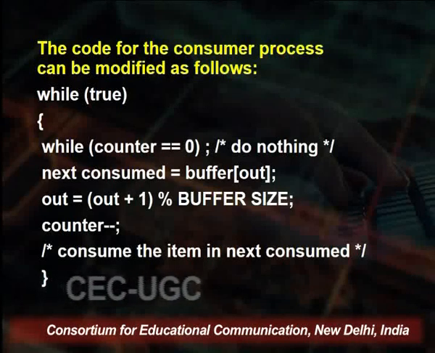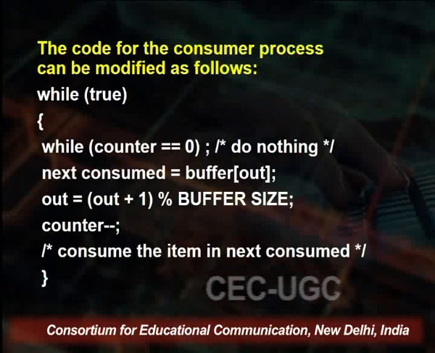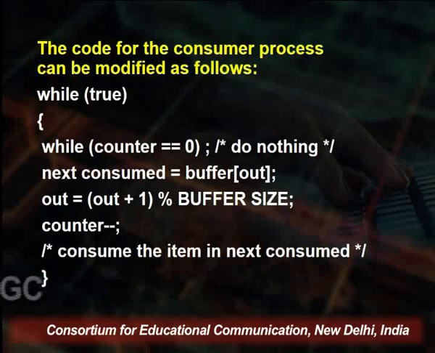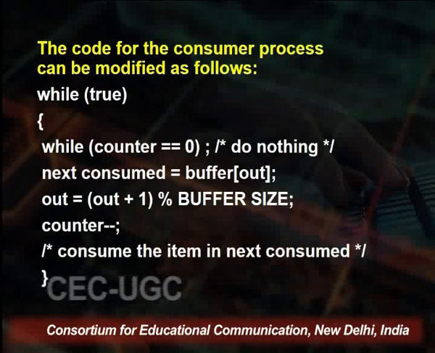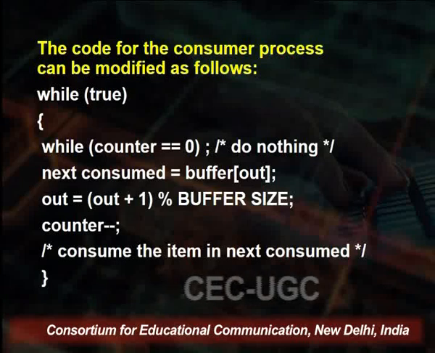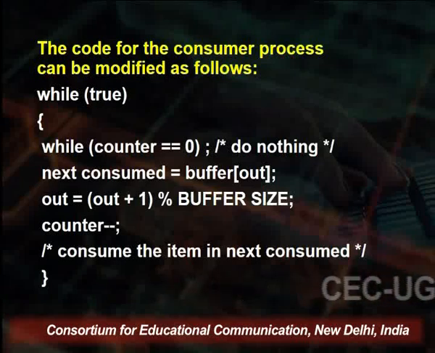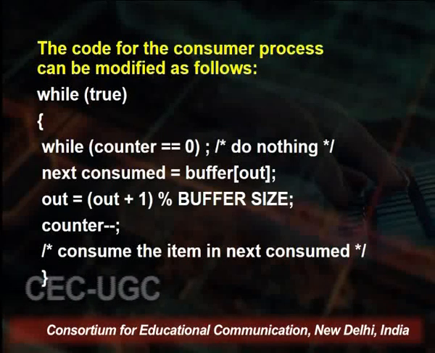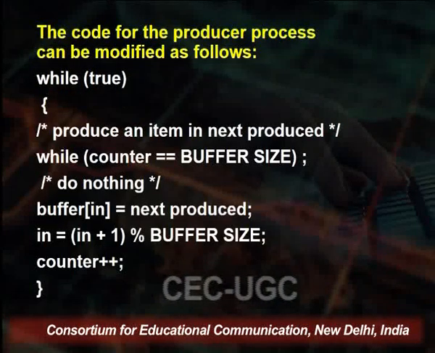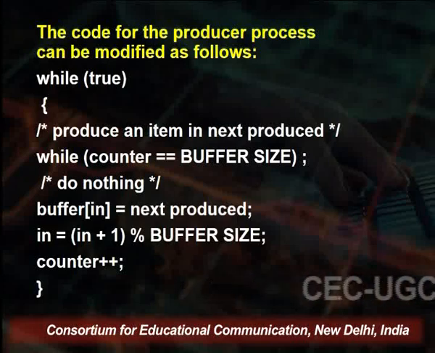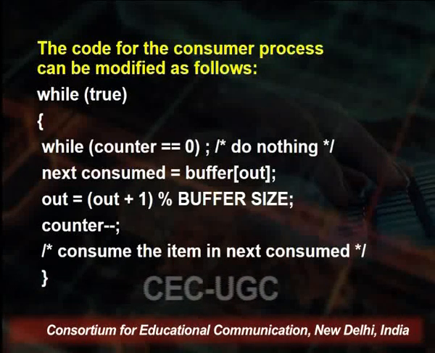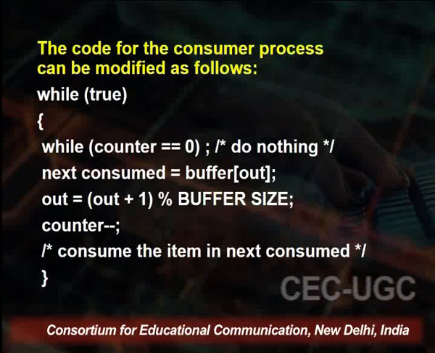Now, in both the processes, the consumer as well as the producer, the situation of buffer full and buffer empty depends on the counter. It is not depending upon the indexes in and out, if we can see this clearly. In the producer problem, counter equal to buffer size is an indication of the buffer full, and counter equal to 0 is the indication of the empty buffer in the case of the consumer problem.